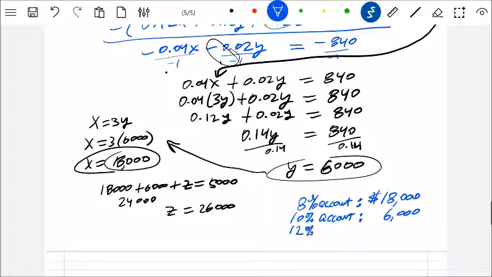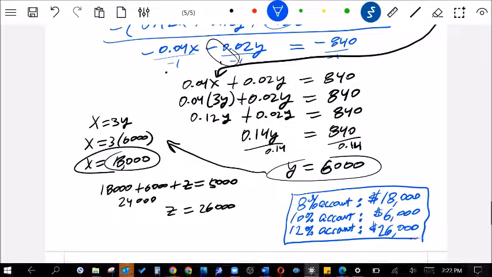And the 12% account, which because it's going to get the most interest makes sense to have the most money in it, has $26,000 in it. That accounts for them all totaling 50,000, and that the second one is 1/3 of the first one. The first one is 3 times the second one. Okay. So I'm going to yellow that one in.